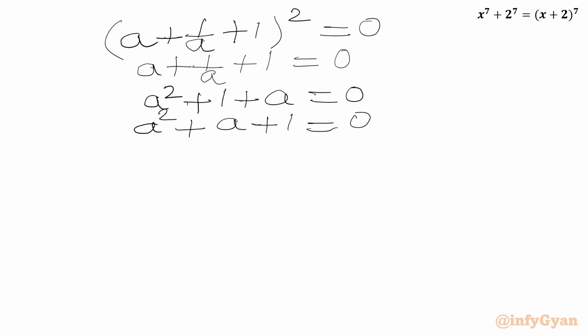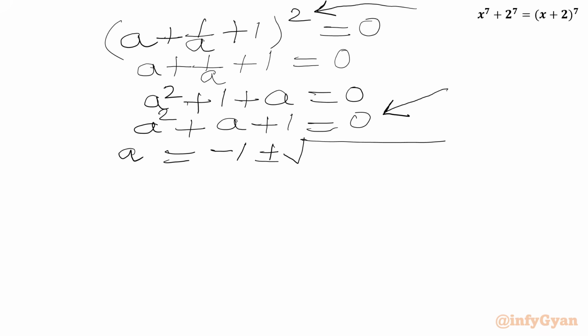From this equation, we'll get solutions with multiplicity 2, as we have power 2 here. Now we will use the quadratic formula. So I can write a equal to minus b, so we'll write minus 1, plus minus square root of b square minus 4ac.